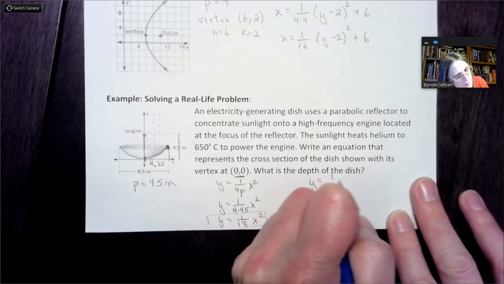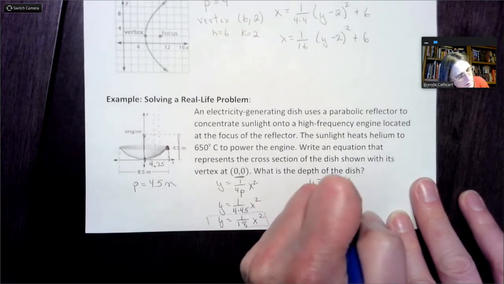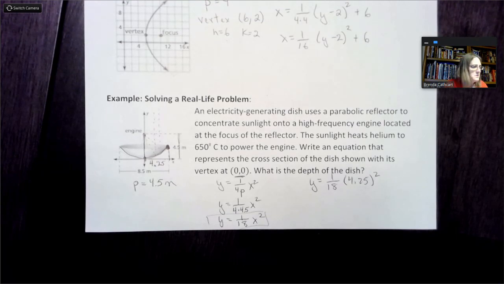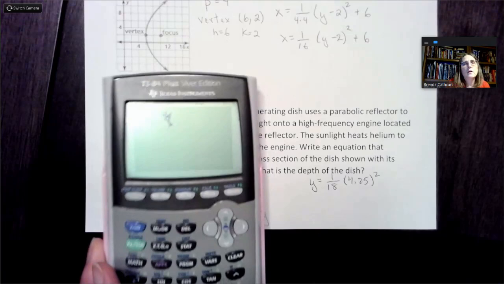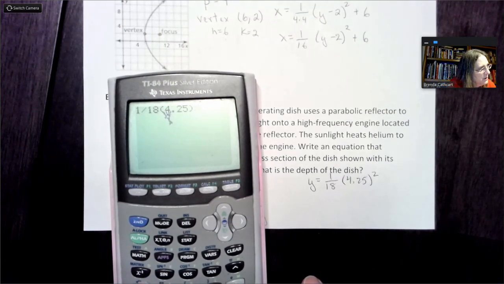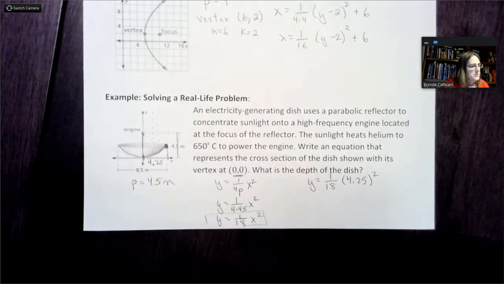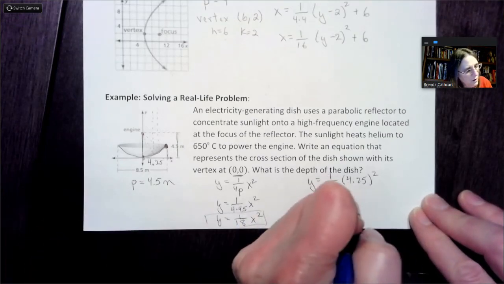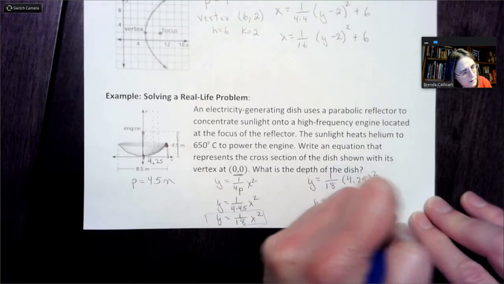So y equals 1 over 18 times 4.25 quantity squared. I haven't calculated that yet, so let's do that very quickly on our calculator. 1 divided by 18 times 4.25 squared, and we get 1.00. So our depth is going to be 1 meter deep.